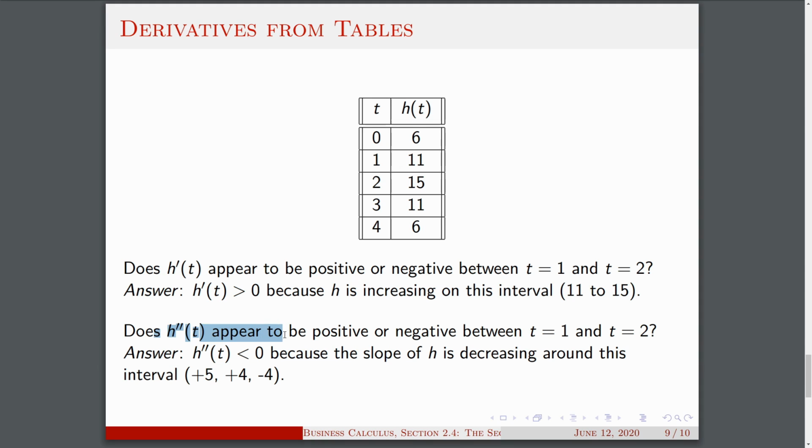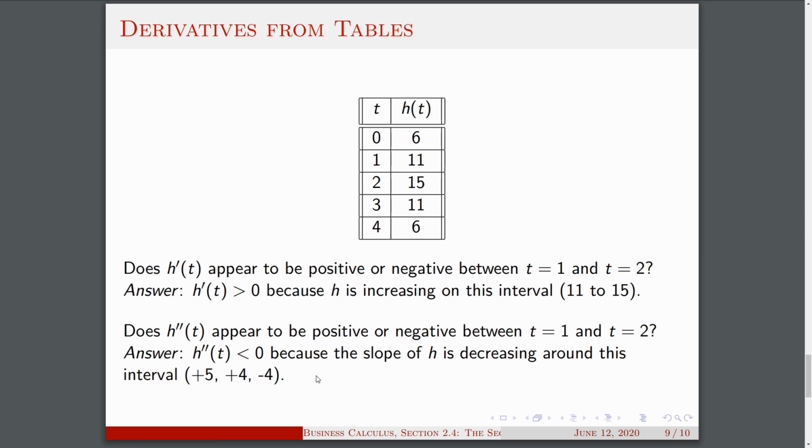But for the second question, the second derivative should be negative here, because if we look at how the function is changing, we go up 5, and then we go up by 4, and then we go down 4. So the amount by which we're going up starts going down, and then actually we start going down. So that's definitely decreasing slope.